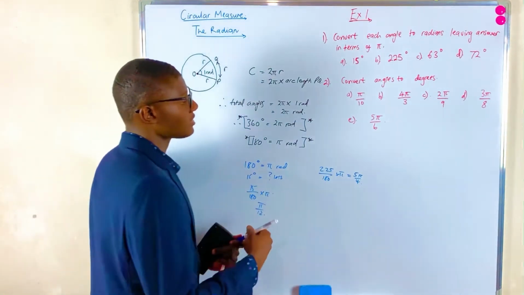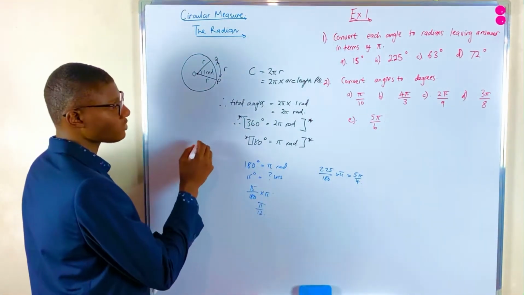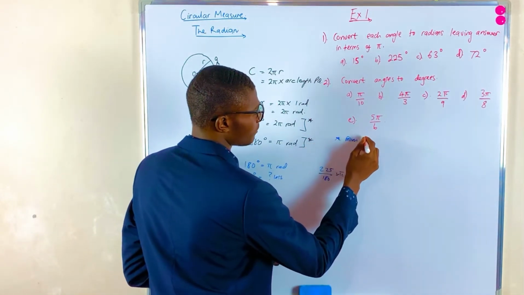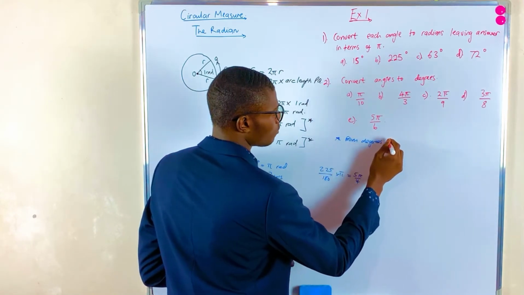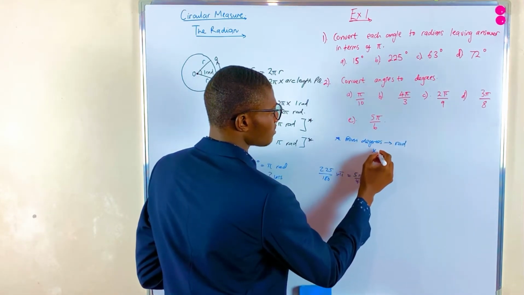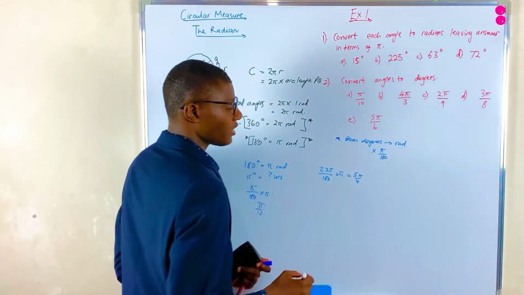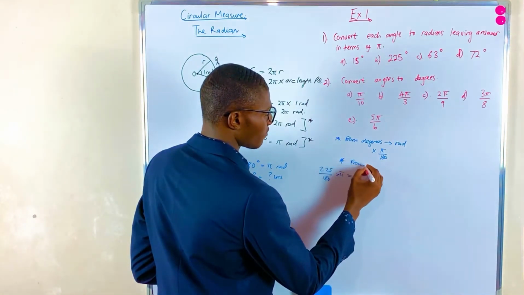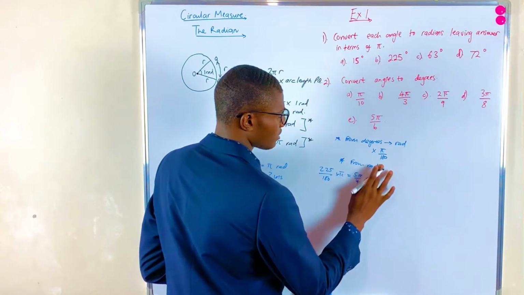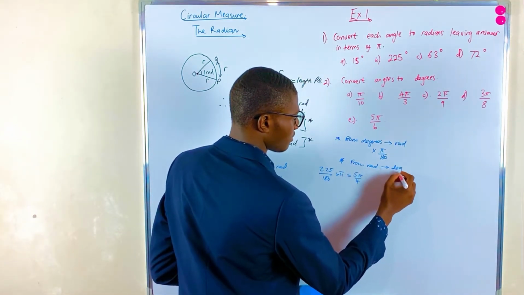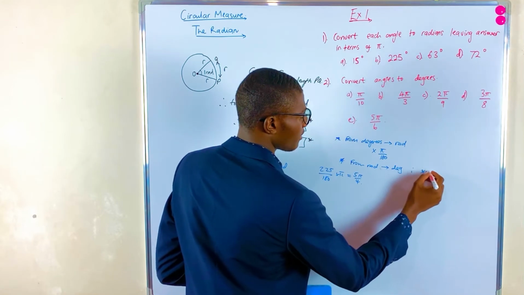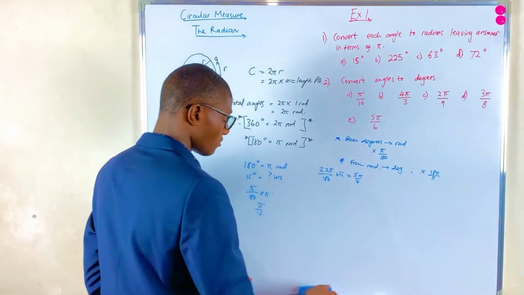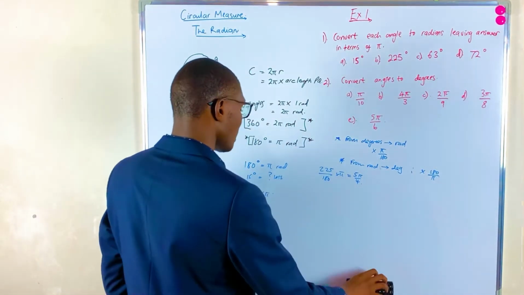So we can say that to make a conversion from degrees to radians, we just multiply by pi over 180, which implies that the opposite is true: to go from radians to degrees, you multiply by 180 over pi. So now let's use these two results, which are quotable, of course, to answer those questions.